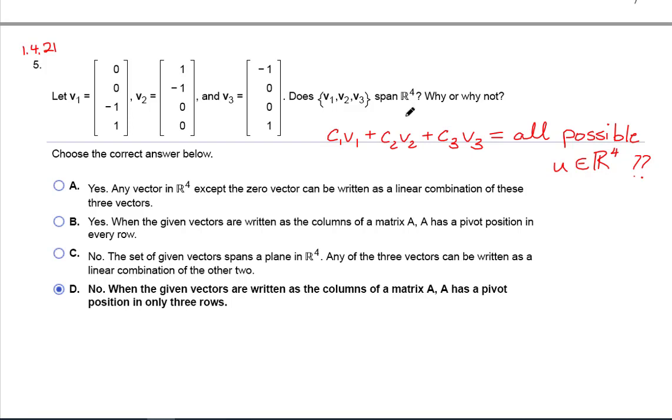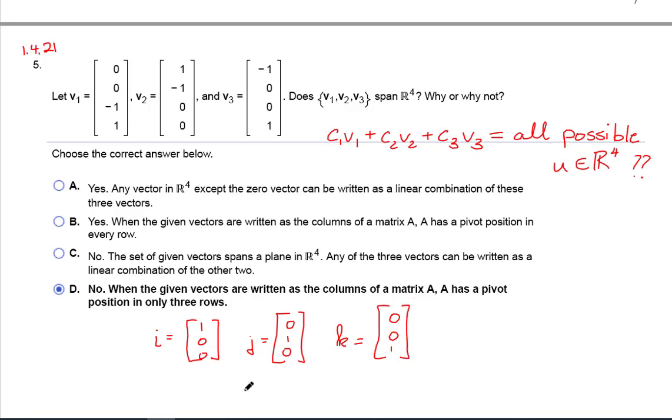If you think about it from your encounters with the vectors in R3, I, J, and K from physics, those span R3. Later in the course, we'll see other sets of vectors that would span R3. But again, that's our common vectors I, which was 1, 0, 0, J, which is 0, 1, 0, and K, which is 0, 0, 1.